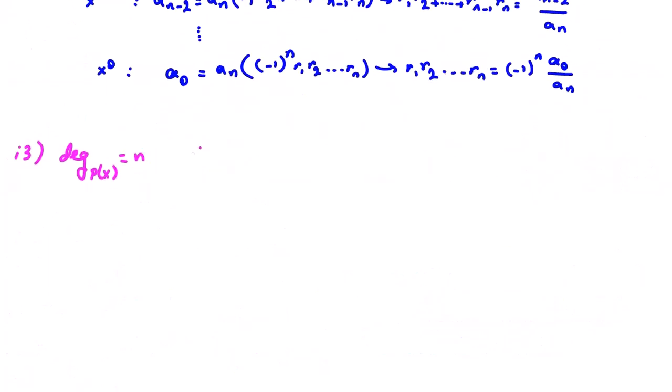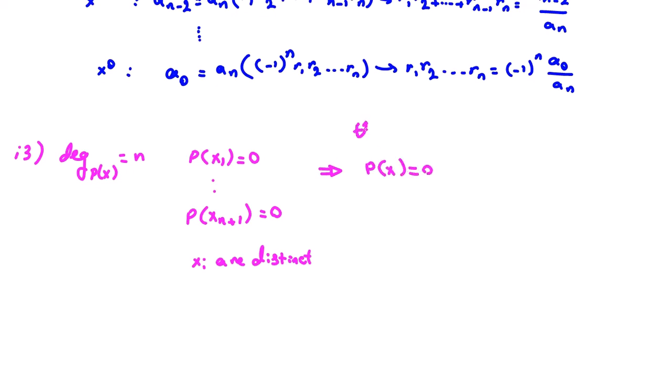If p of x1 through p of x(n+1) are 0, so we have n plus 1 values that are 0 and the xi's are distinct, it means we found n plus 1 distinct roots, but the degree of p of x is n and we said we have at most n roots. Then we conclude p of x is 0, meaning all coefficients are 0, for all x. Okay, this sign means for all x.